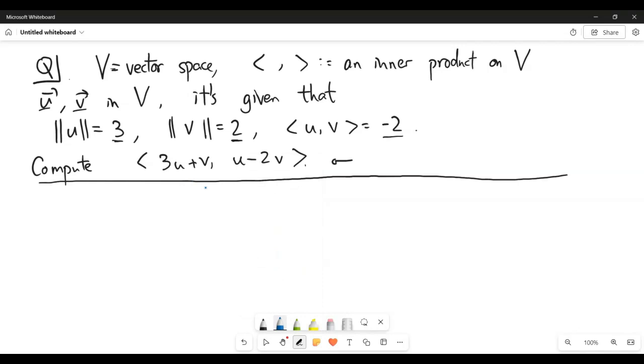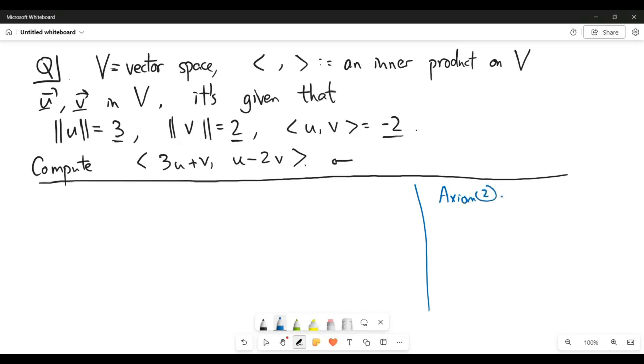You have to feel comfortable with the four axioms for the definition of inner product. Just as an example, you can go back to the previous video.